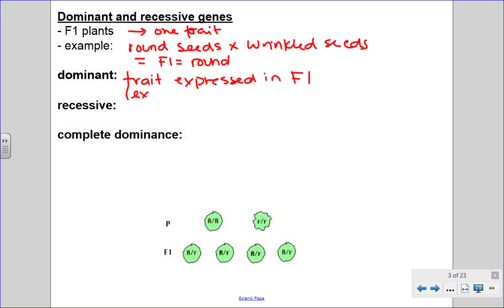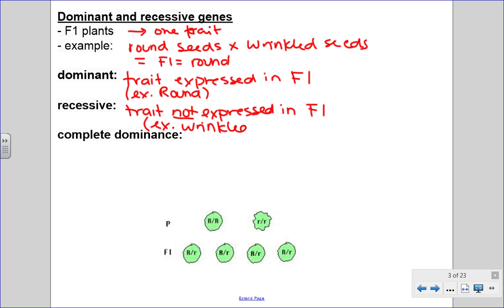So in my example, that would be round seeds. An operational definition of recessive is the trait not expressed in the F1 generation. And in my example, that would be the wrinkled seeds.